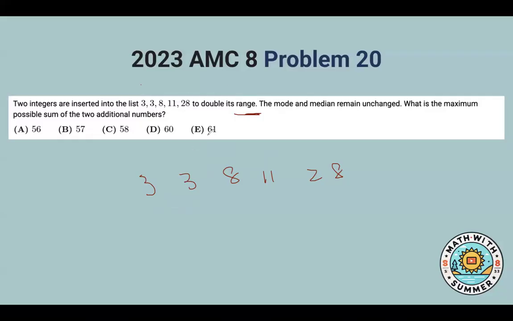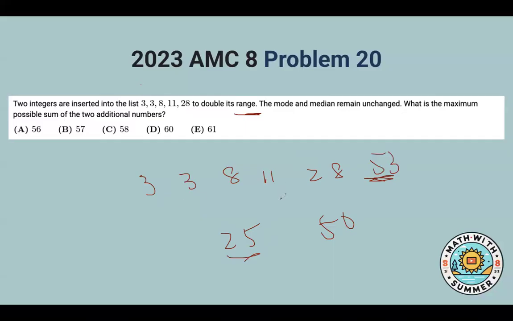So we want to add two integers to double its range, and we want to maximize the sum of this list. So we probably want to put a big number on this end in order to maximize the sum. Right now, our range is 3 to 28, which is 25. So we want to make it 50, right? And in order to do this, I believe that the largest number that we can add would be 53, right?